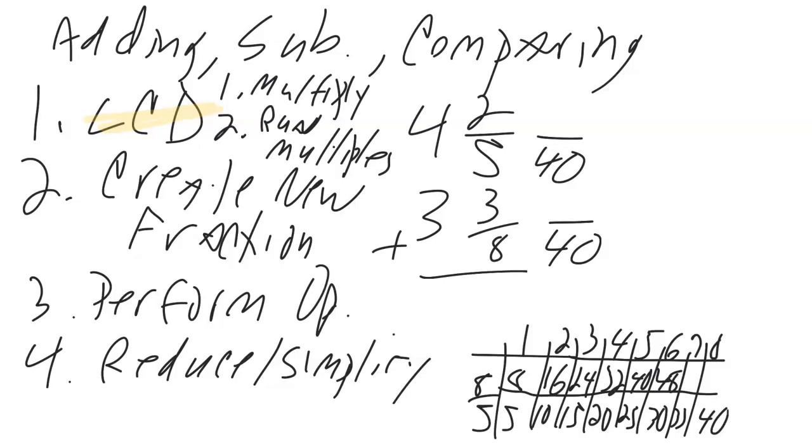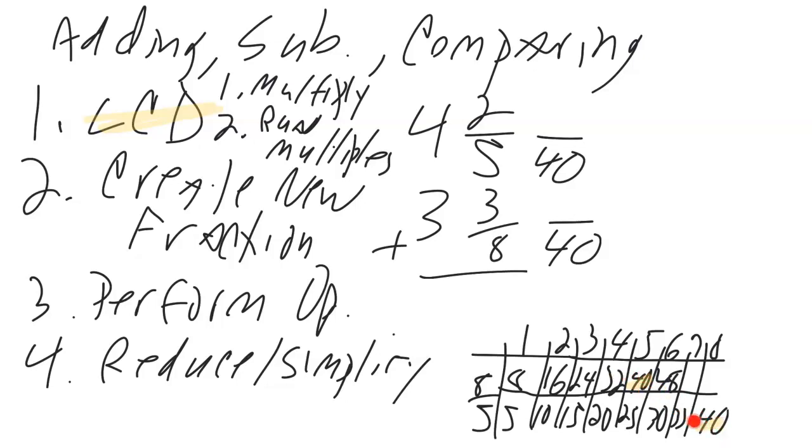So now we have found our lowest common multiple, because as you're going down the line here, no number is common until you get to 40.